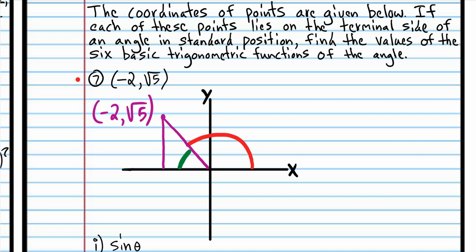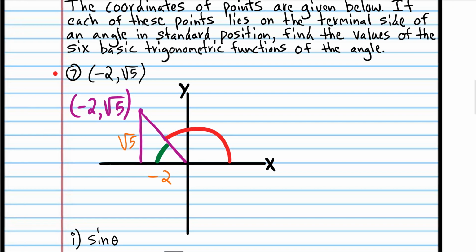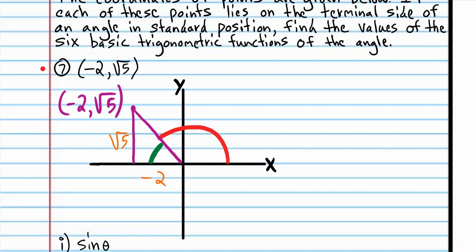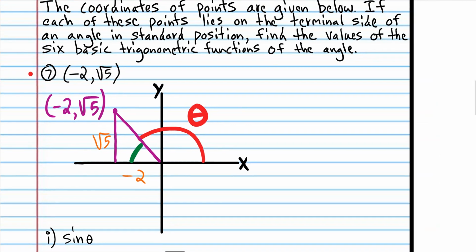So we're going to make this side -2 and this side √5 just to make things convenient, because again, it doesn't matter what triangle you use as long as it's a triangle based on a point lying on the terminal side of the angle. And the angle, we can call it anything. It doesn't really tell us what the angle is. We'll just call it theta.